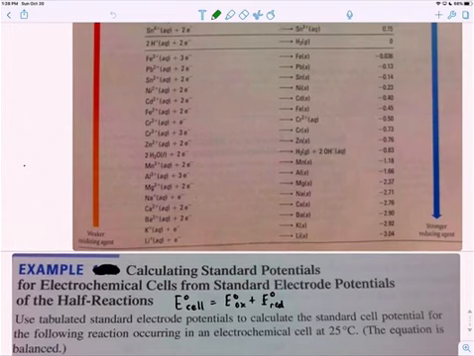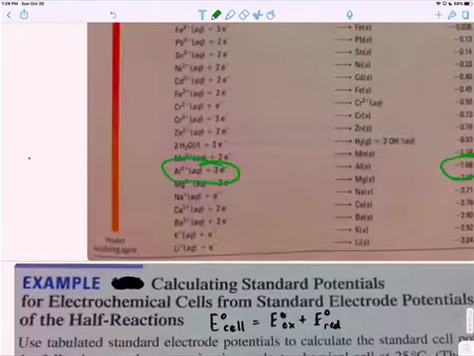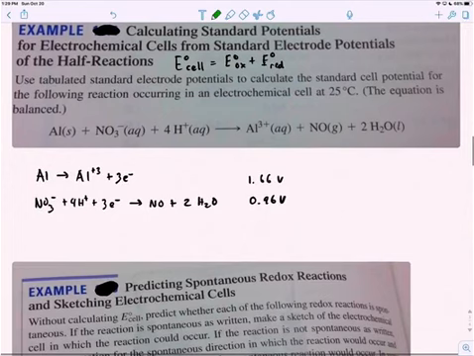Let me go back up to the chart. Aluminum 3+, this is the reduction potential right here, and it's minus 1.66. This is the aluminum potential right there. And we're going the other way, so because of that, it's positive 1.66.